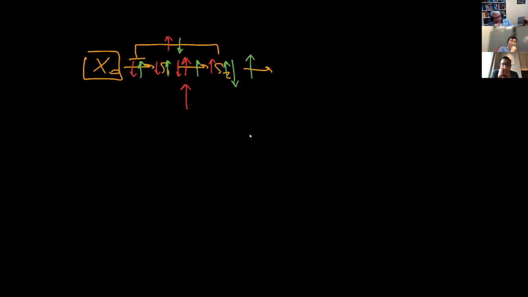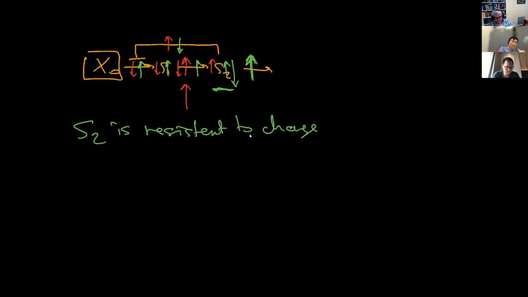So if I increase it at this point, what the negative feedback does is it stabilizes S2. So S2 is resistant to changes in V3.